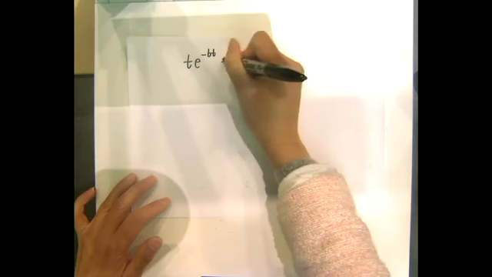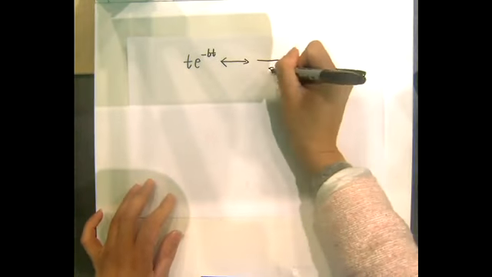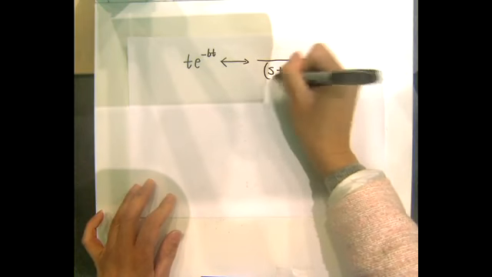I want to show the Laplace transform is 1 over (s plus b) squared. Okay. All right, I will provide two different methods to show how this can be proved. Okay. The first one is always by its definition.